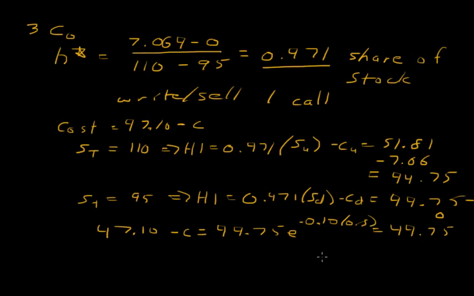So take half of the 10, and we get a value of 42.57. That's what the right-hand side works out to be. So if we just do a little algebra, our call price is going to be worth 4.53, and that's what I filled in on the diagram.